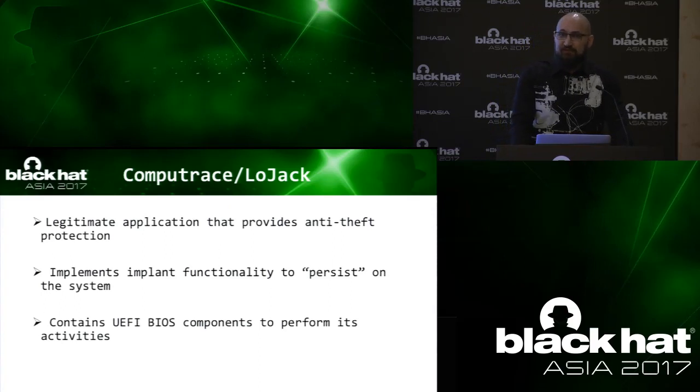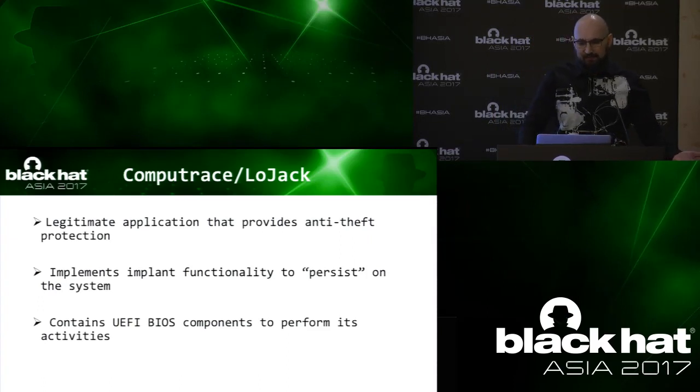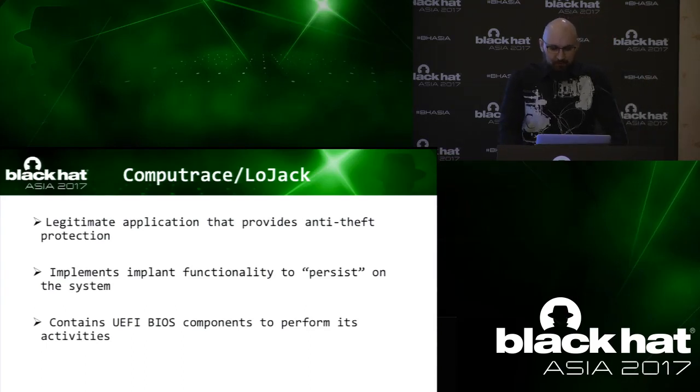As an example, all the ThinkPads and most enterprise laptops by default have Computrace already in the BIOS, but it's not active. But who knows if there will be some vulnerability which can remotely activate this software, and it can communicate remotely with some servers to get updates of the agent.